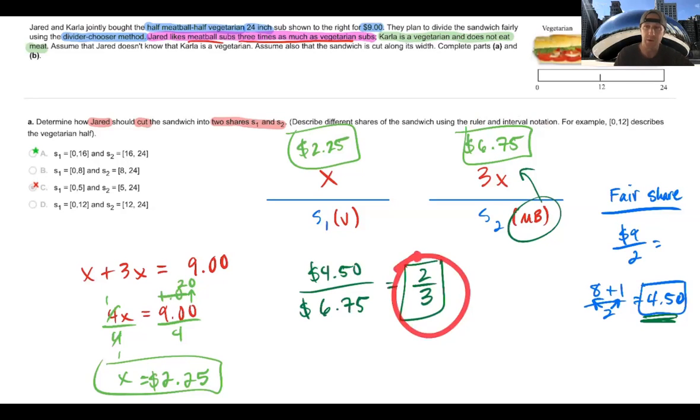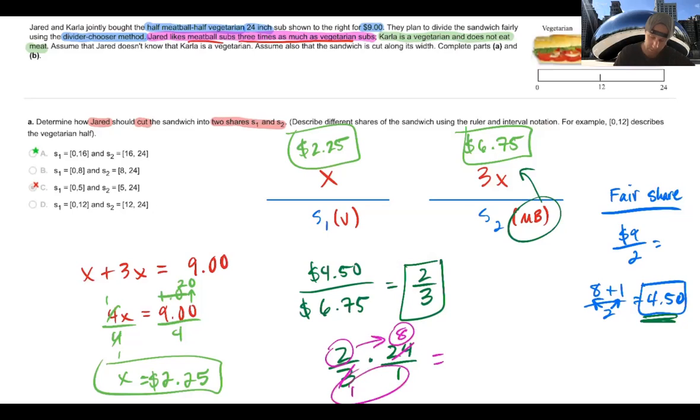2/3 of the meatball. So what we're going to do is take 2/3 of the entire sandwich, which is that 24-inch sandwich. And when we do some canceling there, we know the 3 goes in that 8 times, so we get 2 times 8 over 1, which is where he should make his cut.